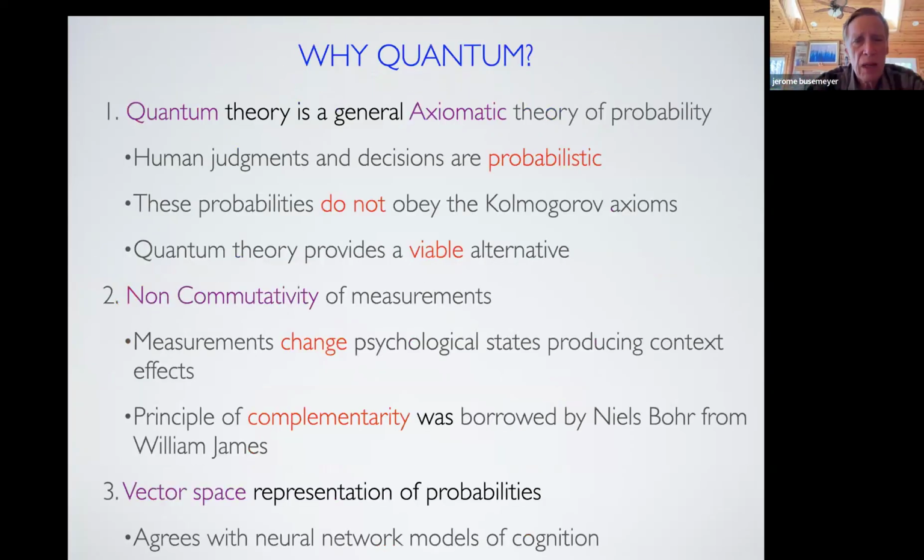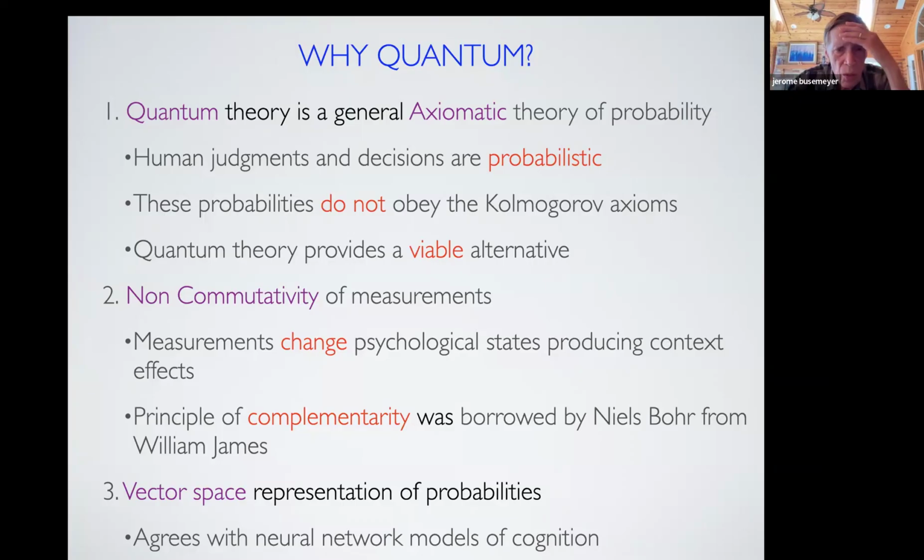So why quantum? Well, it's an axiomatic theory of probability, and human judgments are probabilistic, and these probabilities don't seem to obey the Kolmogorov axioms, and quantum theory provides a viable alternative. There are lots of generalized probability theories out there, but why quantum theory? Well, quantum theory has this non-commutative property, and that's something that's shared with humans.